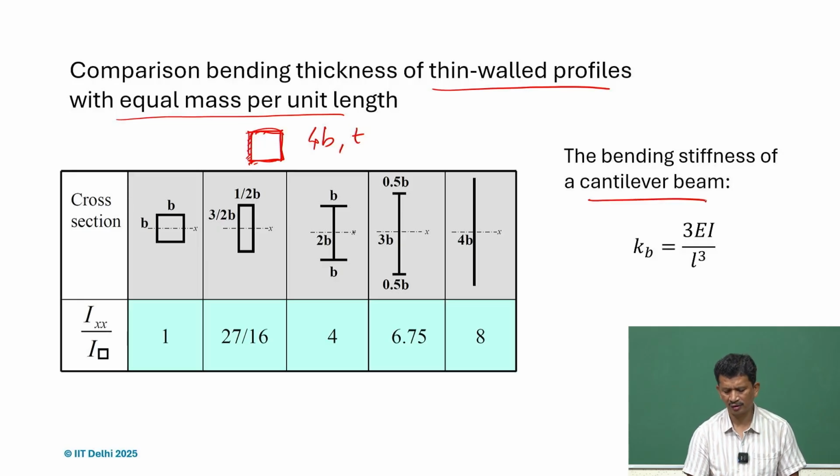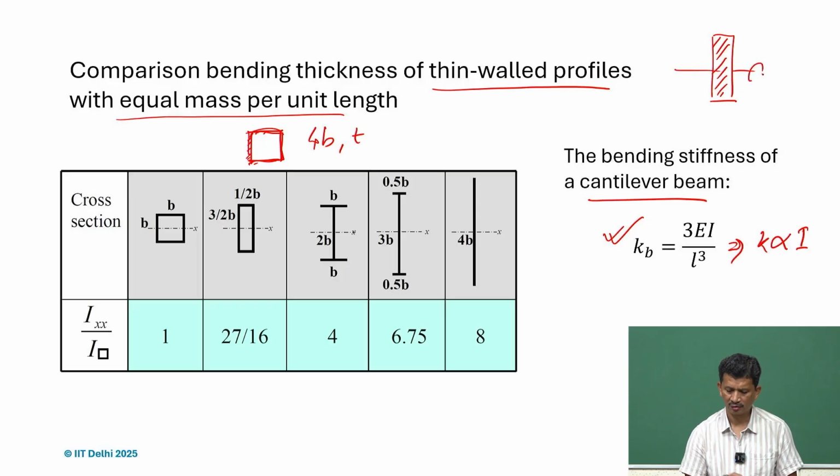So, if we take the case of a cantilever beam, the bending stiffness is 3EI divided by L cubed, and if we fix all the parameters, then K_B is just a function of I. If this is my cross section, suppose this is the depth and this is B, then I is nothing but B d cubed by 12.